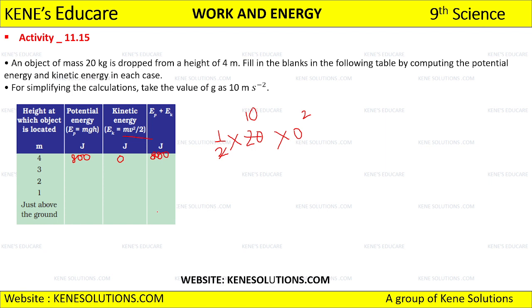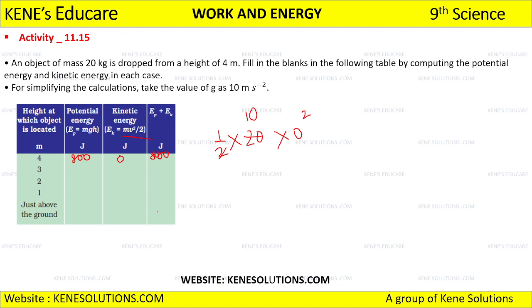So now you know u is 0, and s is 1. So we will use the third equation over here, that is v square minus u square is equal to 2as. And when you calculate that, you will get the answer for v square, that will be equal to 20. And then again you need to apply the formula mgh and half mv square.